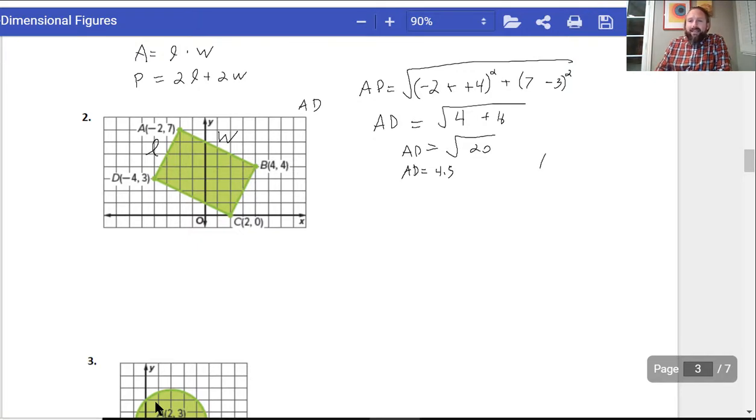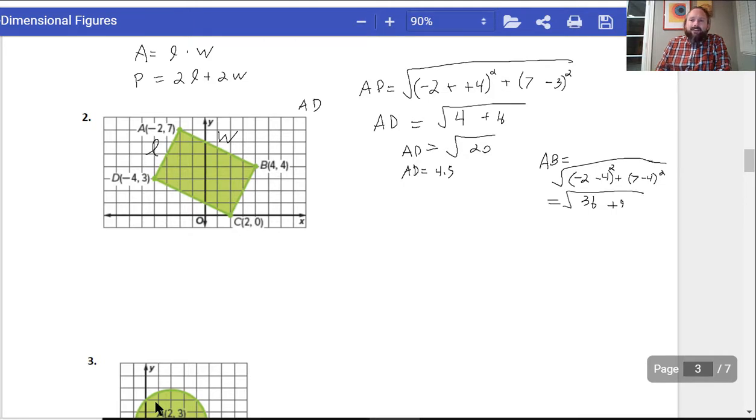Now the next one is going to be AB. So I'm going to say AB is equal to negative 2 minus 4, squared, plus 7 minus 4 squared. So negative 6 squared would be 36, and then 7 minus 4 is 3, squared would be 9.